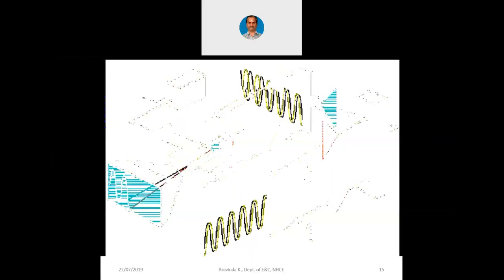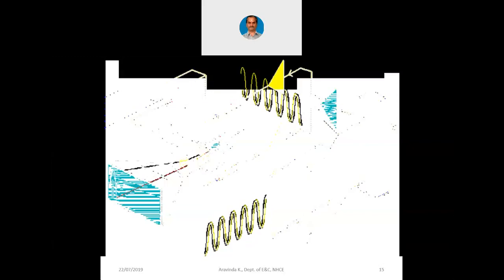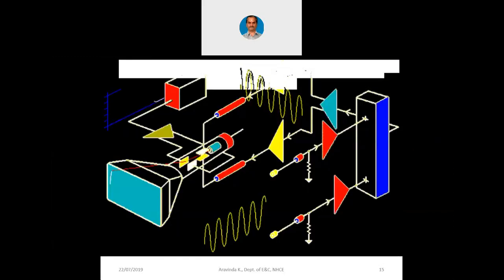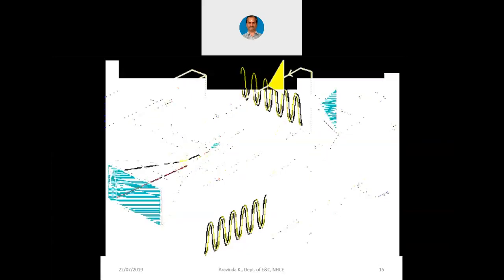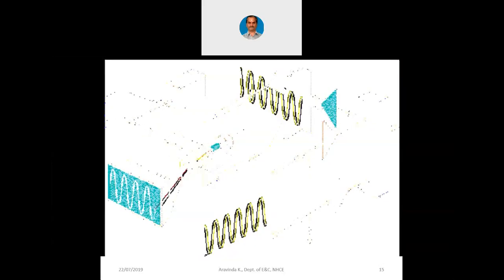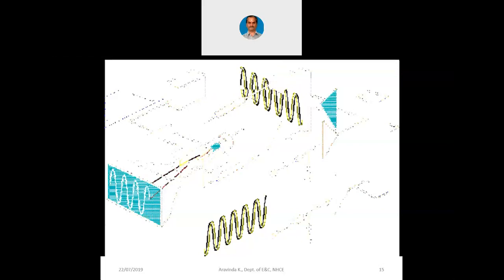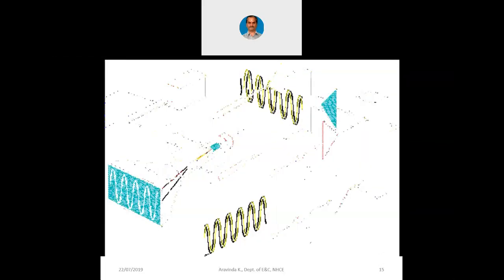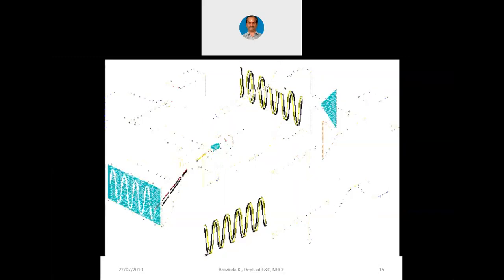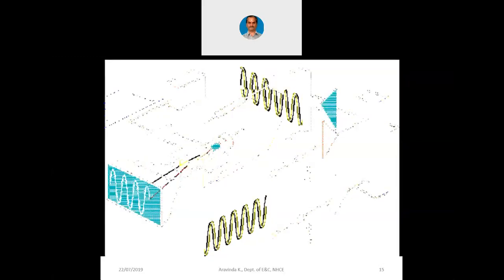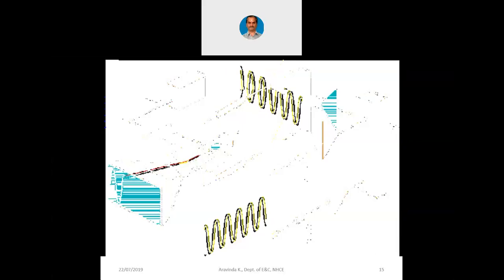This animation has nothing to do with the AEC, but still I wanted you to see this particular animation. This is the internal diagram of a cathode ray oscilloscope. When you come to offline classes, you will be working with the labs. There you will be using oscilloscopes. Oscilloscopes are utilized to see the signals as such.